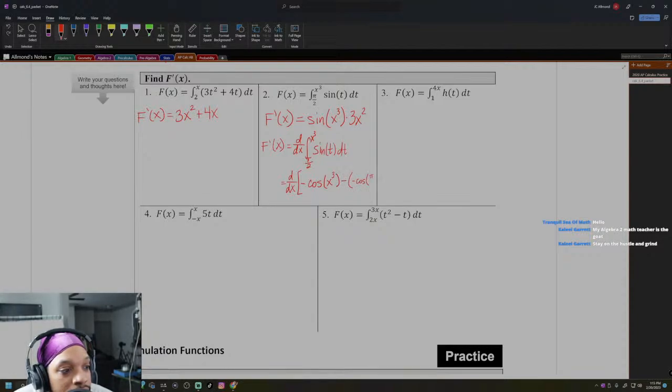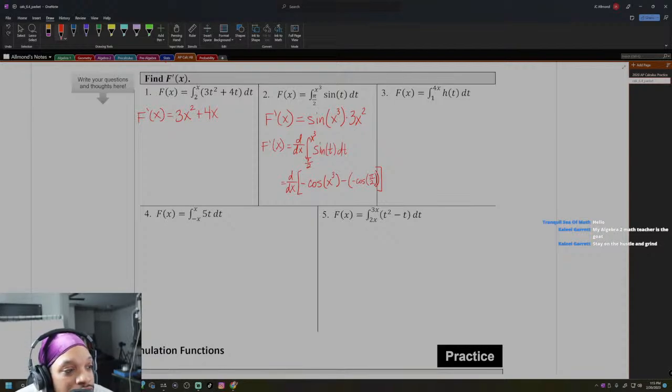But remember, we're taking the derivative of that. And so cosine of pi over 2, that should just be 0. And the derivative of 0 is just 0.